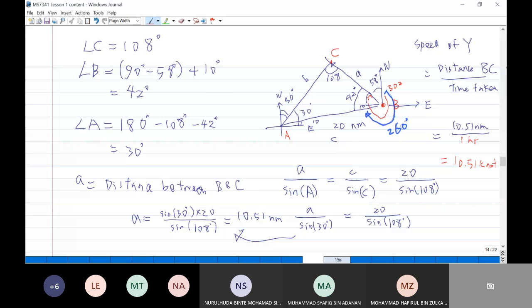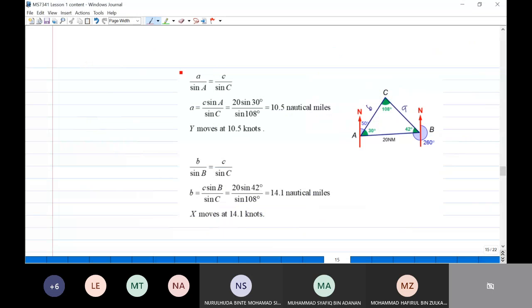The next slide actually tells you the answer. This one is not needed for the question they ask, but you can find this also. You can find that they actually move at different speeds. Okay, the speeds are different.